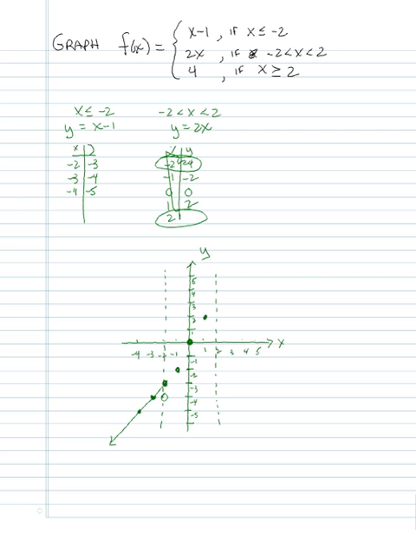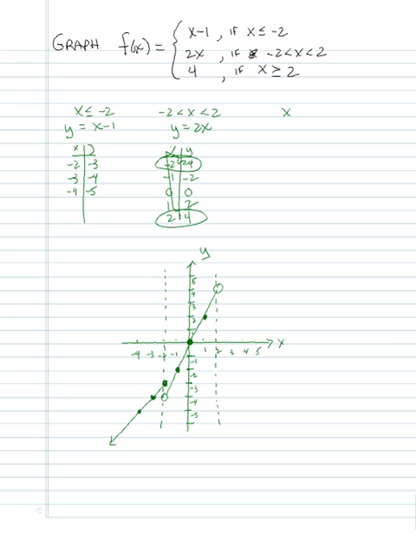Now, I'm not allowed to use an x value of 2, because x has to be less than 2, but if I did, my y would calculate to be 2 times 2, or 4. And the point 2, 4 is this point, but that point's not on the graph. And so what we see is it goes right up to that point, and it goes right up to this point, but it doesn't include those points. So we have open dots on each side of this little line segment.